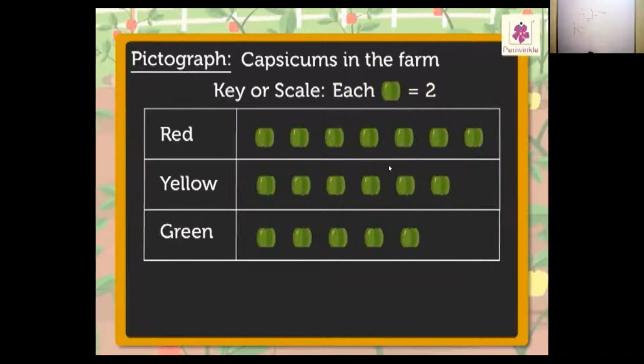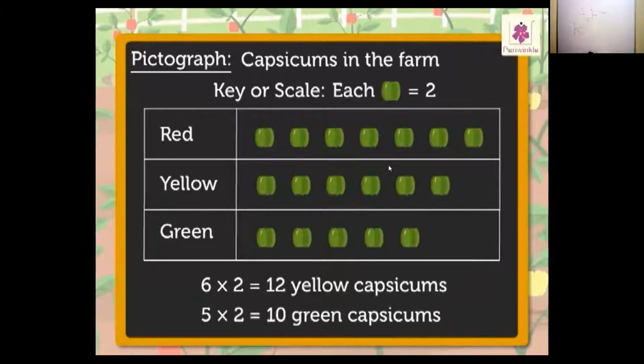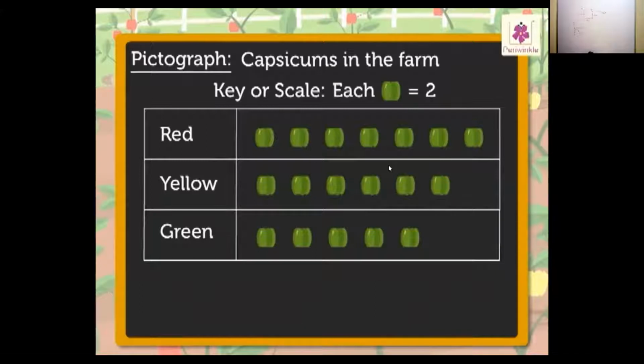So, let us count the number of capsicums in the farm. There are 7 red capsicums. That means 7 multiplied by 2 is equal to 14 red capsicums. Accordingly, we can find out the yellow and green capsicums. There are 12 yellow and 10 green capsicums on the farm.